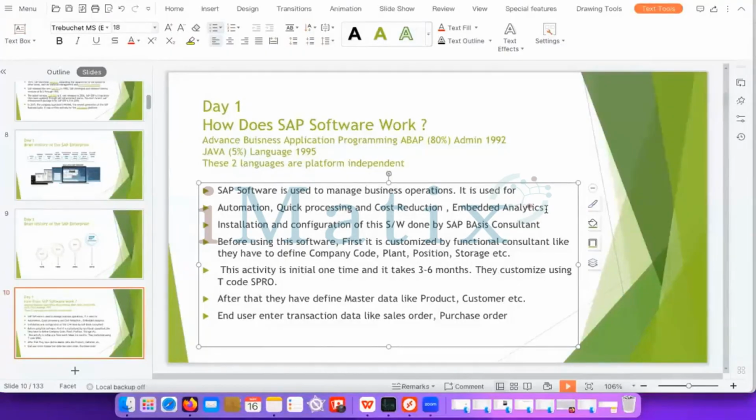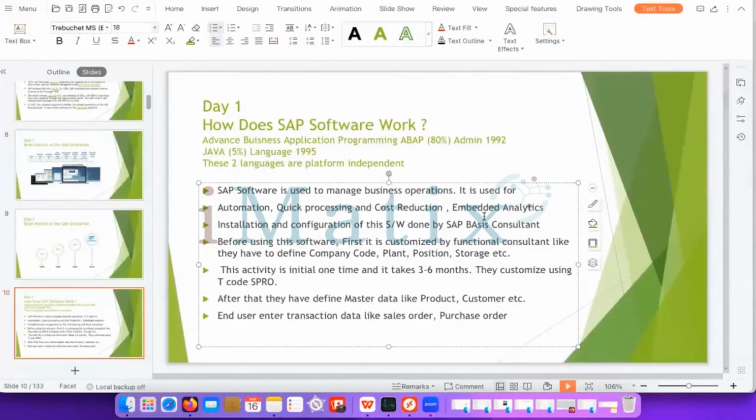Embedded analytics is done by a different consultant, a BW consultant, because here everything is the data model, how the data is going to be presented in different views. BW stands for Business Warehouse.